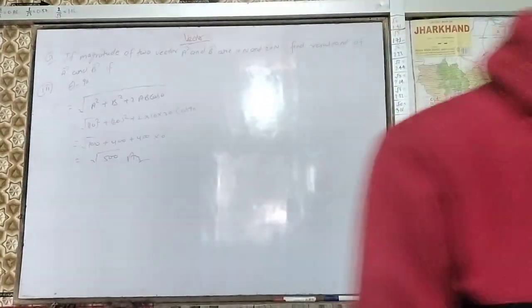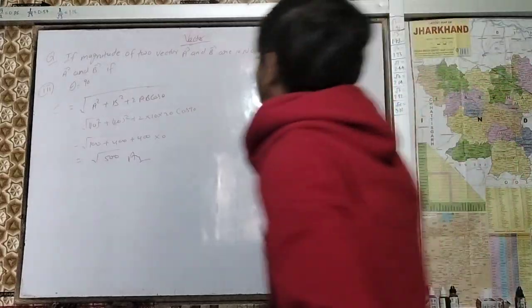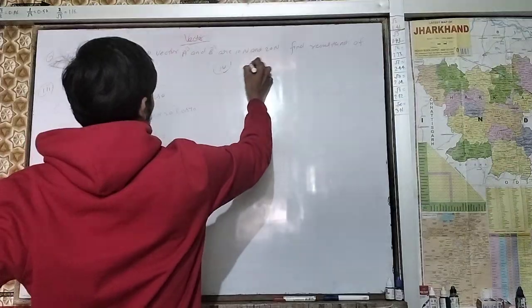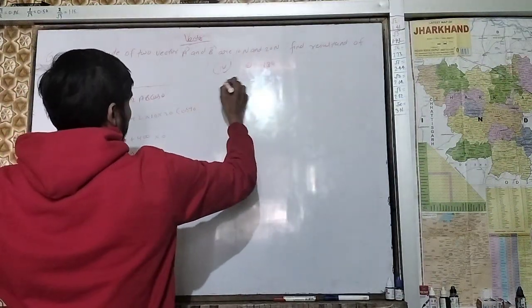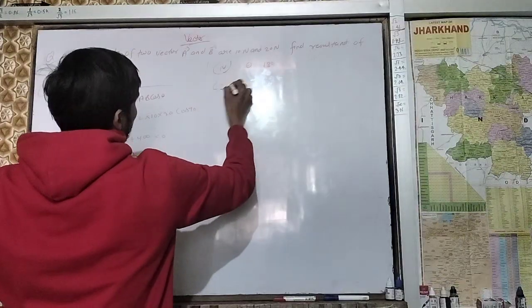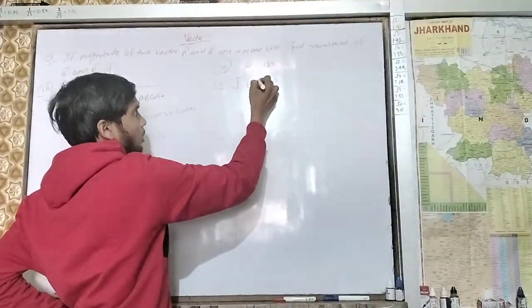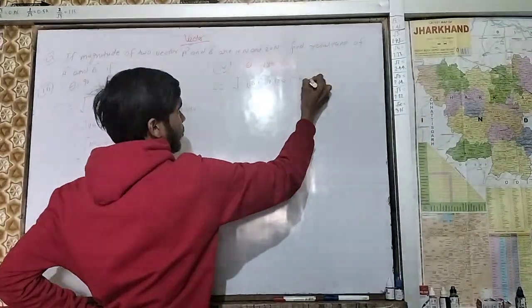After simplifying this, you will get some number. Now the angle is 180. In this case, nothing is different. A is 10 raised to power 2, B is 20 raised to power 2, and the 2 will be as it is.